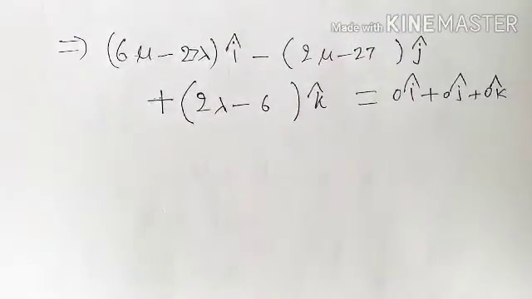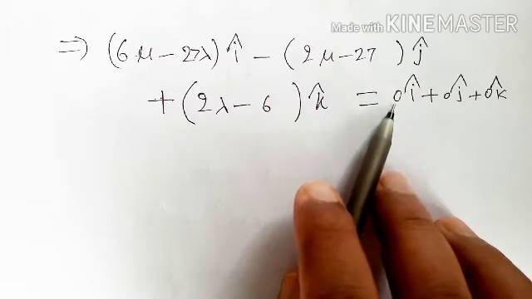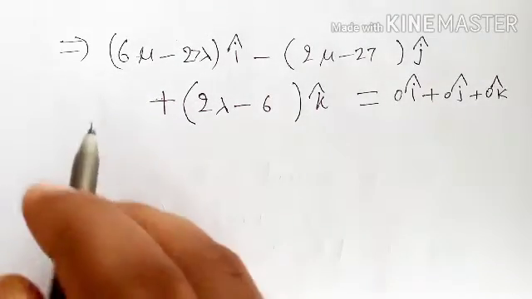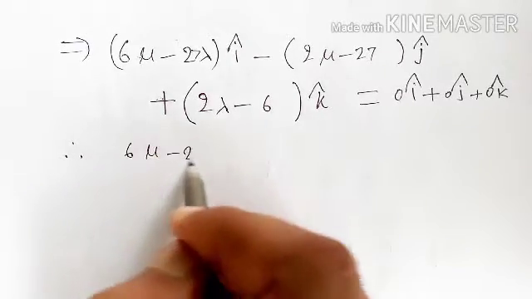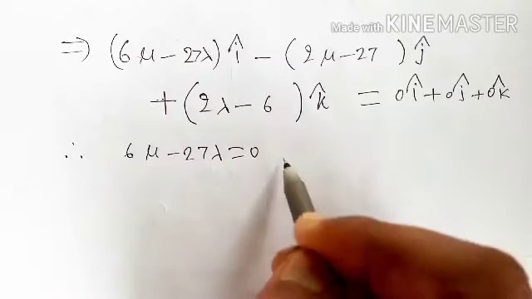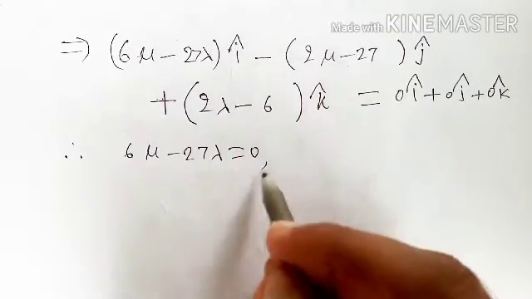So we have here i cap corresponding component 0 and 6 mu minus 27 lambda. Therefore 6 mu minus 27 lambda is equal to 0. Here we have minus 2 mu minus 27.